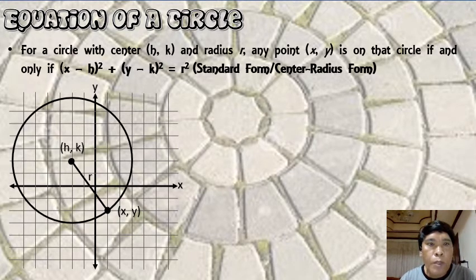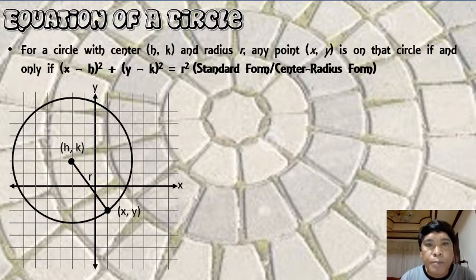When the equation of a circle is written in this form, then it is written in standard form or center radius form. Since the center of the circle is the point h, k and passes with any point on the circle.